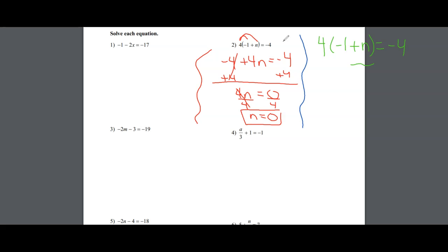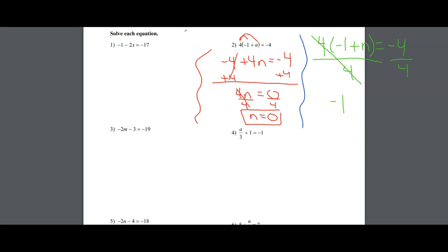So if we look at this side of the problem, we actually have multiplication going on here. We have the 4 times what's inside parentheses. So I could actually use division to simplify the 4. So let's see what happens if I just divide both sides by 4. Well, these 4s simplify.